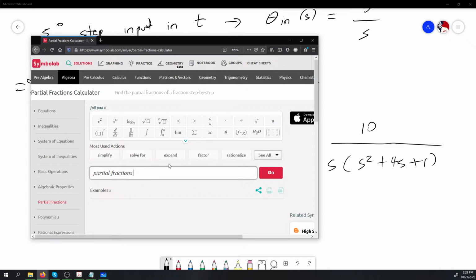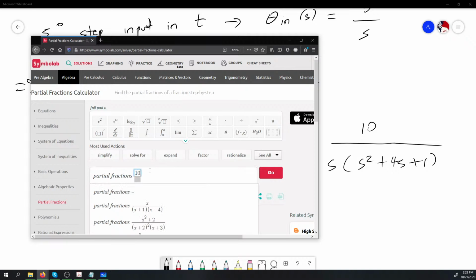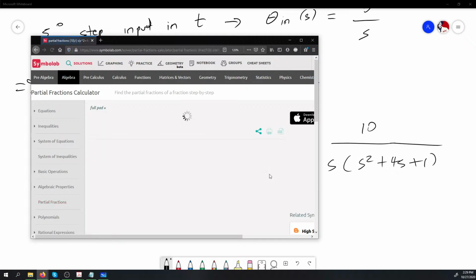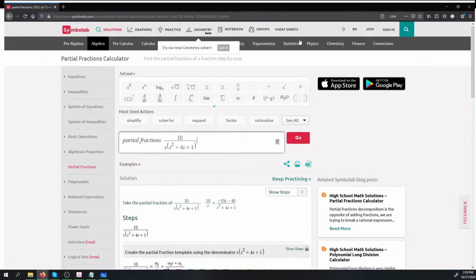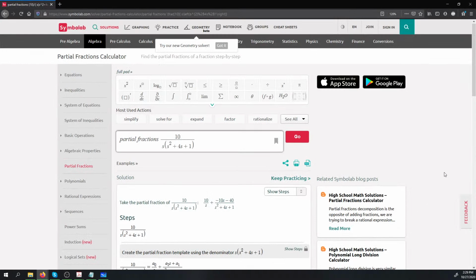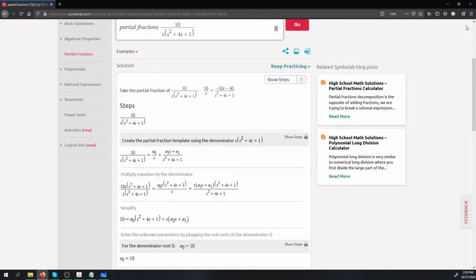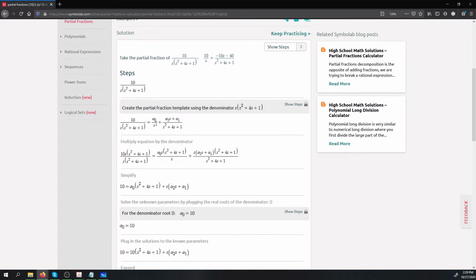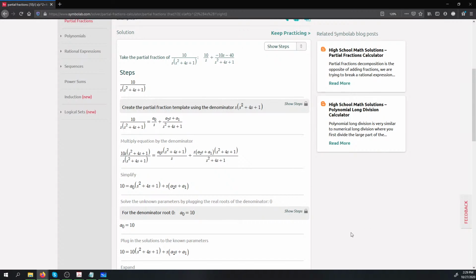So this is going to be 10 on s into s squared plus 4s plus 1. Cool. Let's see all the steps here. In doing the steps, we basically see that the partial fraction separates out the s and the quadratic components here.